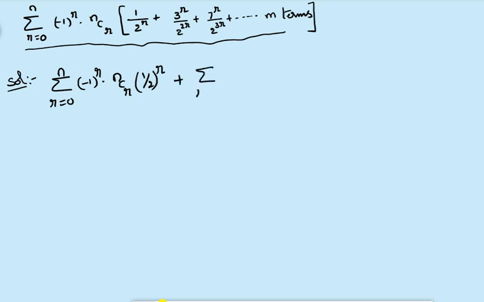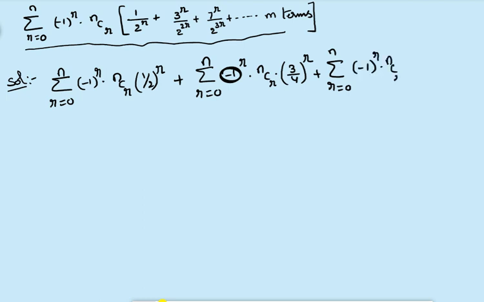The next one is sigma r equals 0 to n, (minus 1) whole to the power of r into nCr into (3 by 4) whole to the power of r, plus again summation r equals 0 to n, (minus 1) whole to the power of r into nCr into (7 by 8) whole to the power of r, plus and so on.